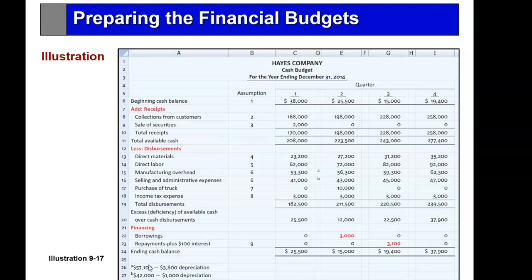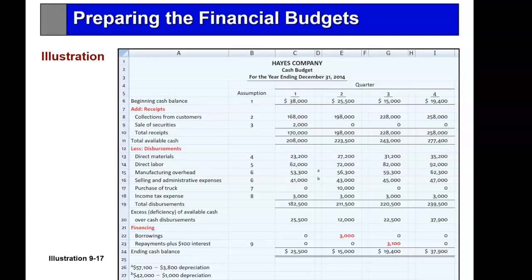But to get down to $57,100, you included an expense called depreciation, which is not a cash flow. You don't pay for depreciation. So you add that back to the 57.1, and the only amount you need then is the 53.3.